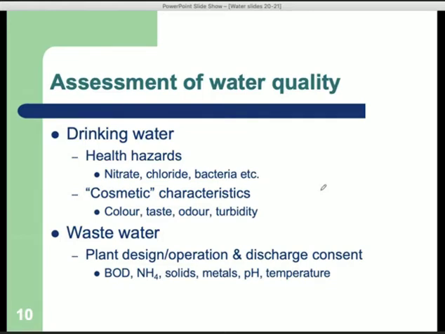And that is why, for example, the World Health Organization has a big guide on water quality, and it explains all these sort of things, nitrate and chloride, bacteria, and so on. But it also says that it's very important to look at these cosmetic characteristics, because in areas where you do not have safe piped water, people might decide on the safety or not of water based on what they can smell, taste, feel.